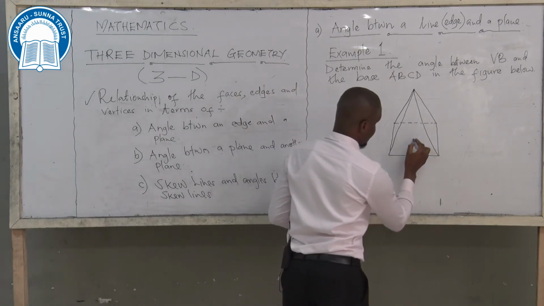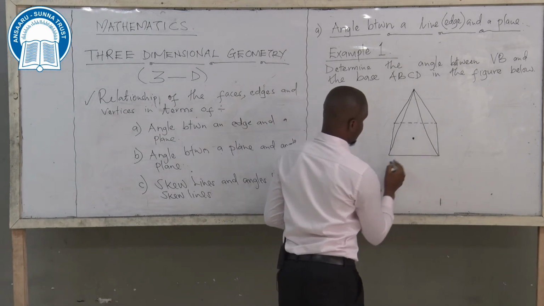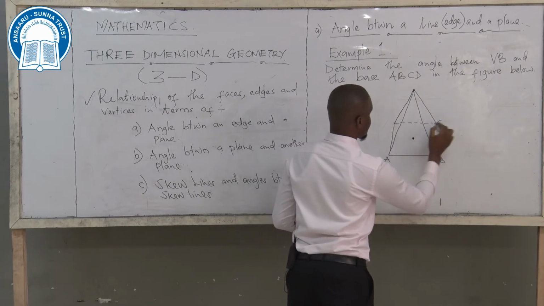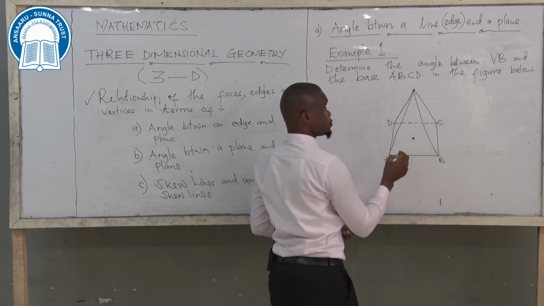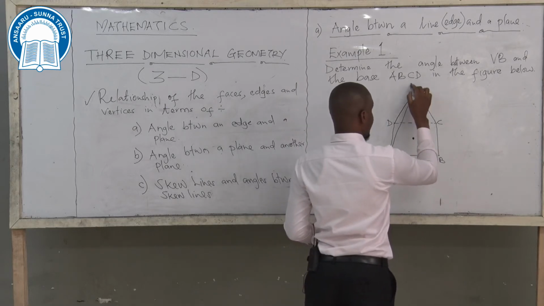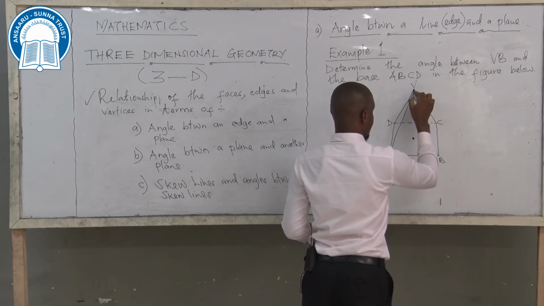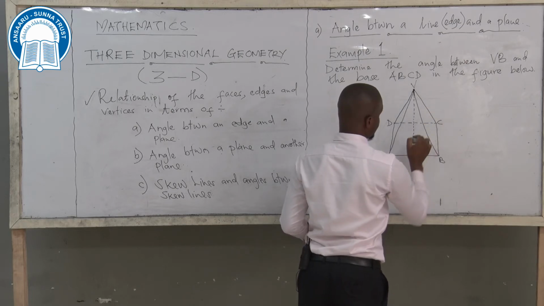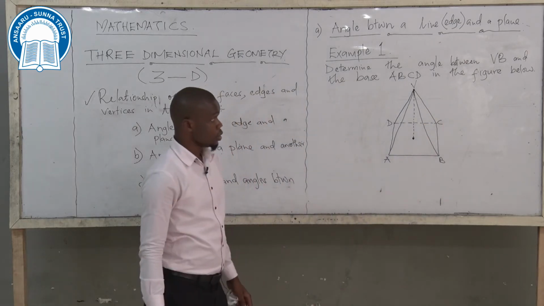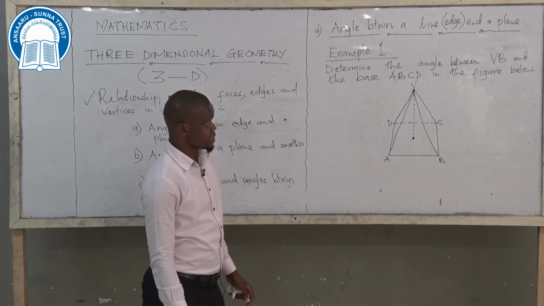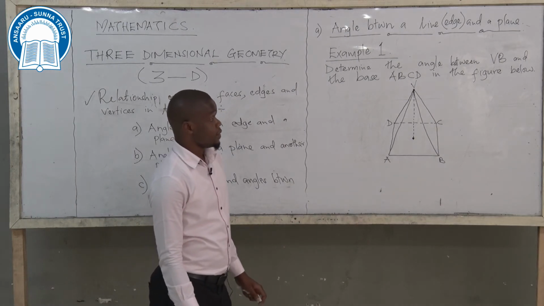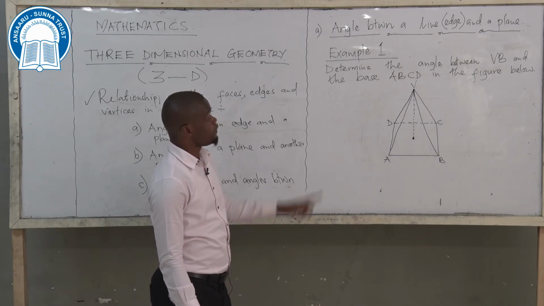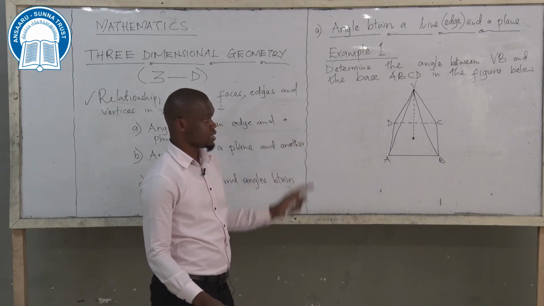And so we have a center somewhere there. We have our A, B, C, and D. Then we have a V there with the height VO to our center. So first we are being asked about the angle between the VB and the base ABCD.